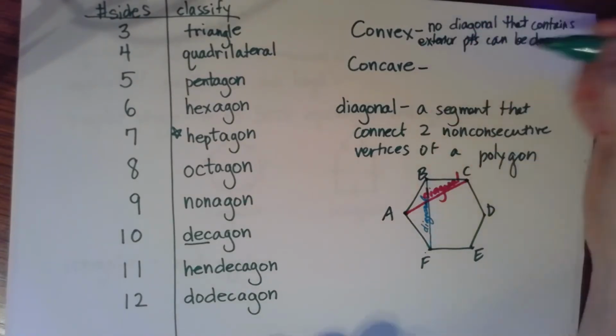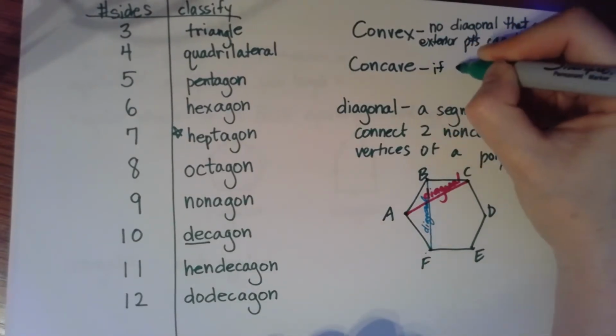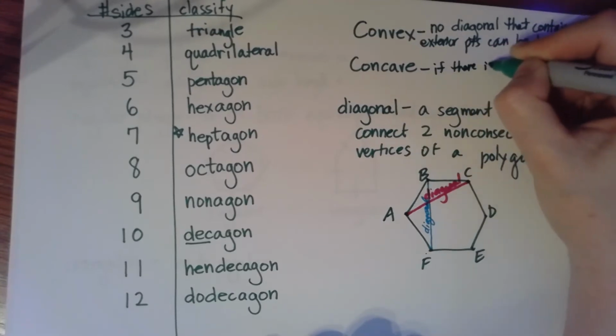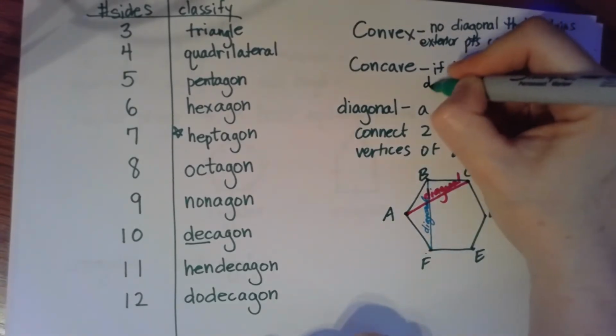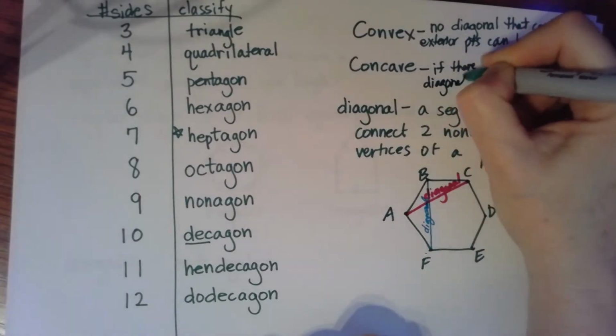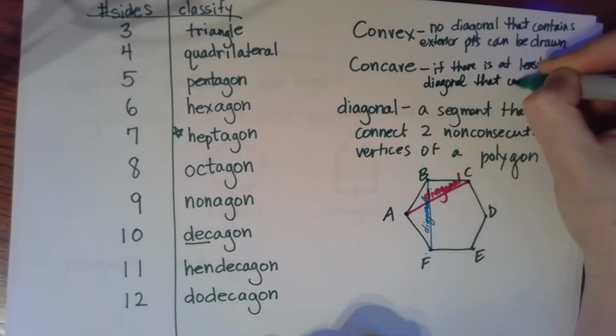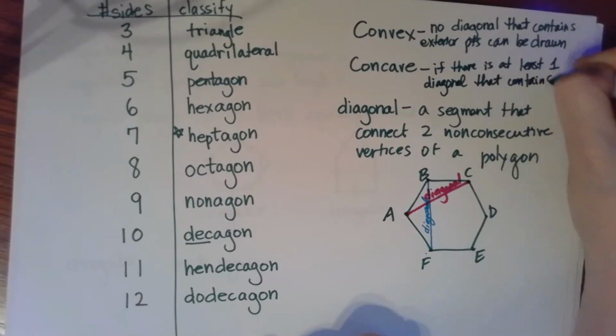And it's concave if there is at least one diagonal that contains exterior points.